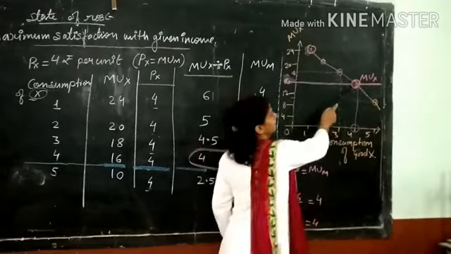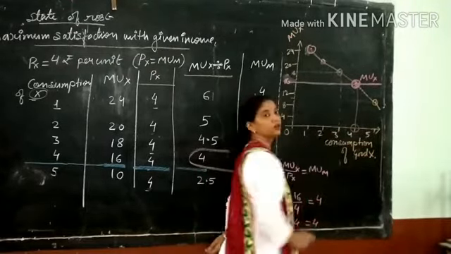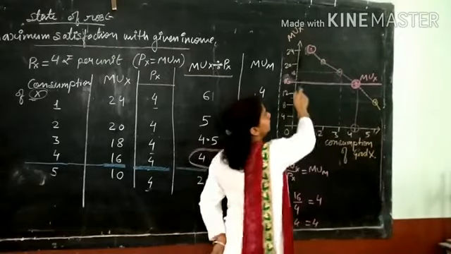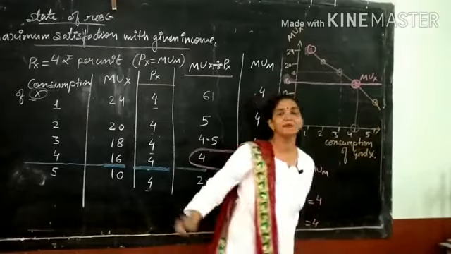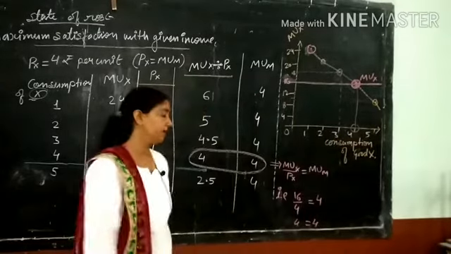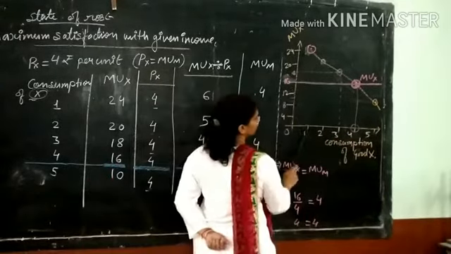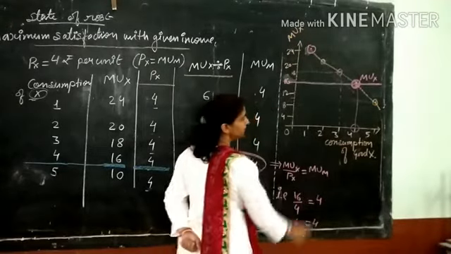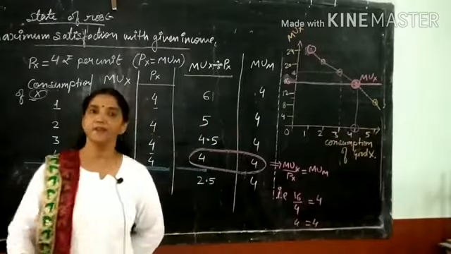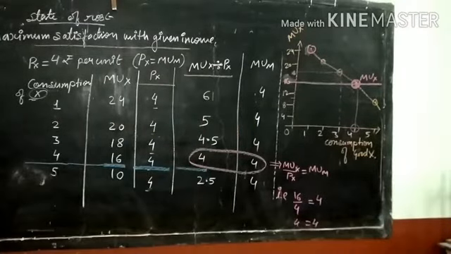At this line, the consumer will remain in equilibrium. यहाँ पर वो सबसे ज़्यादा कंजम्पशन करके इतना कंजम्पशन करके वो मैक्सिमम सेटिस्फैक्शन को गेन करेगा. ओके, यूनिट 1, 2, 3 एंड 4. इसके बाद वो नहीं करेगा बिकॉज आफ्टर दिस लेवल उसका जो सेटिस्फैक्शन है वो रिड्यूस हो जाएगा.